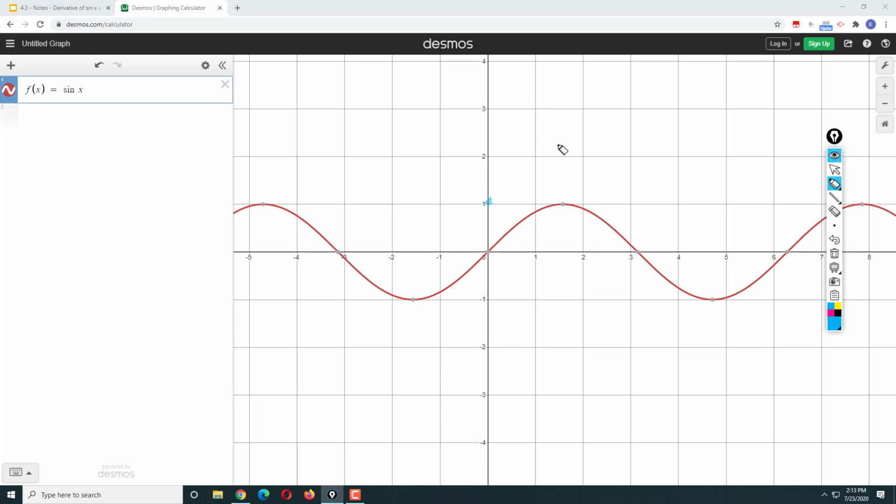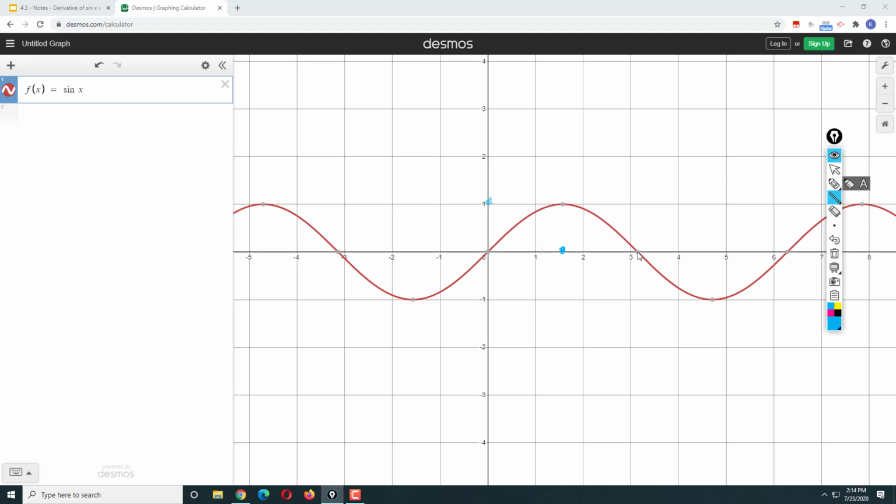Next, at x equals 90 degrees, or pi over 2, which is right here, what is the slope of this line? Well, when the graph is at its maximum, the line is not going up anymore, it's not going down anymore. The slope has to be 0 right here. So therefore, f prime of x must be equal to 0 here.